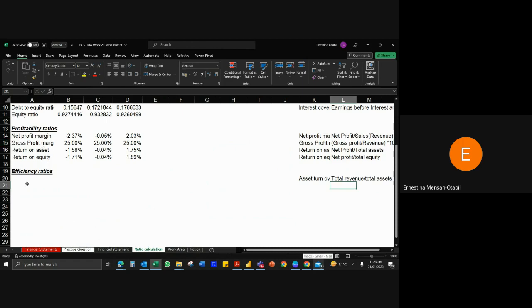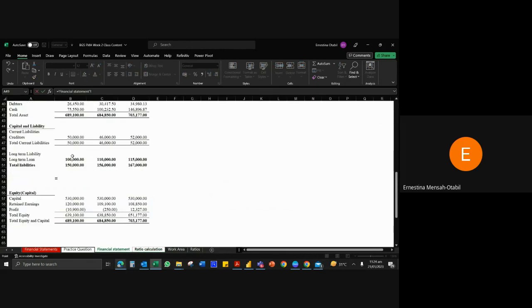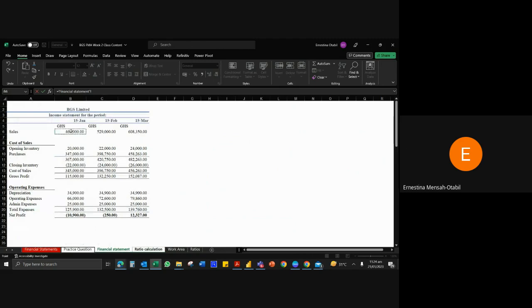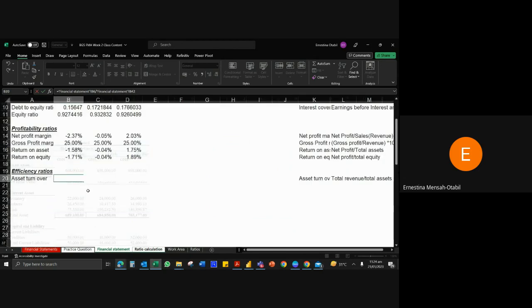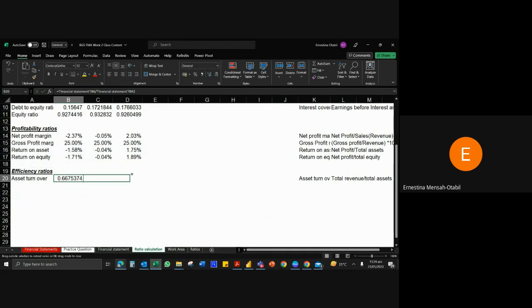So let's calculate the asset turnover. Asset turnover is equal to the total revenue, or the sales, over the total assets. So we have the total assets, and then this is what we are getting.